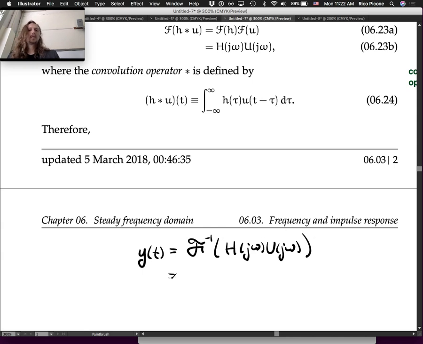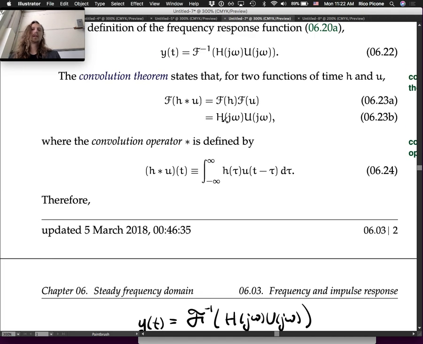So if we look at this, though, if we take the inverse Fourier transform of this side, and we take the inverse Fourier transform of this side, we're just left with h convolved with u, right?